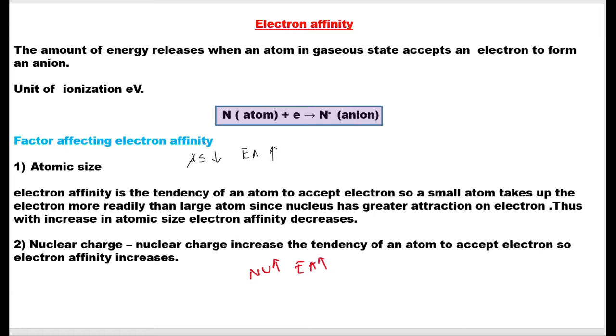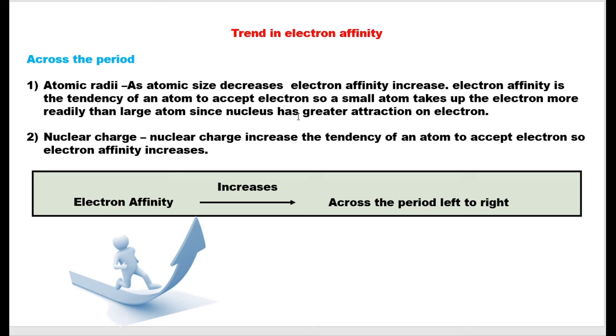How does electron affinity vary across the period? We have discussed in the previous lecture that atomic size decreases across the period because of the increase in nuclear charge while the number of shells does not change. As atomic size decreases, the tendency to accept electrons increases because of the smaller size. As the electron acceptance tendency increases, electron affinity increases.